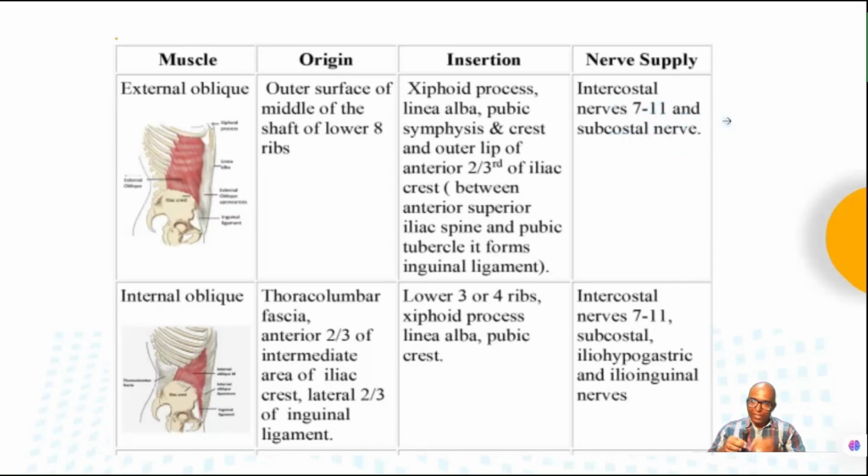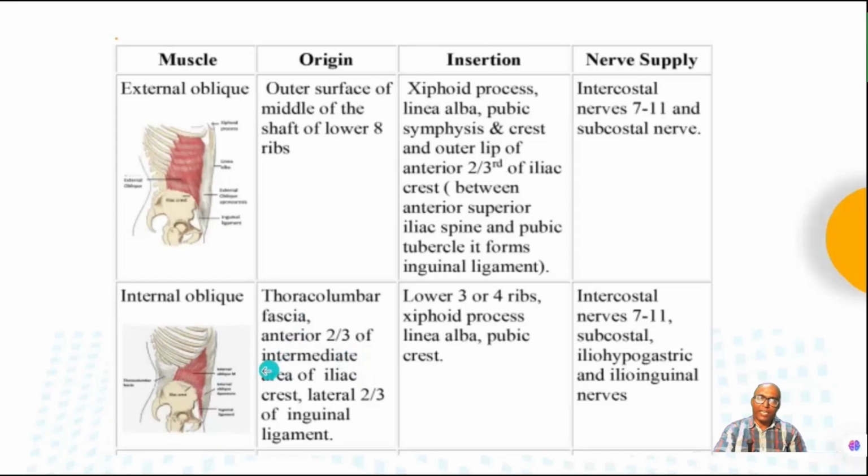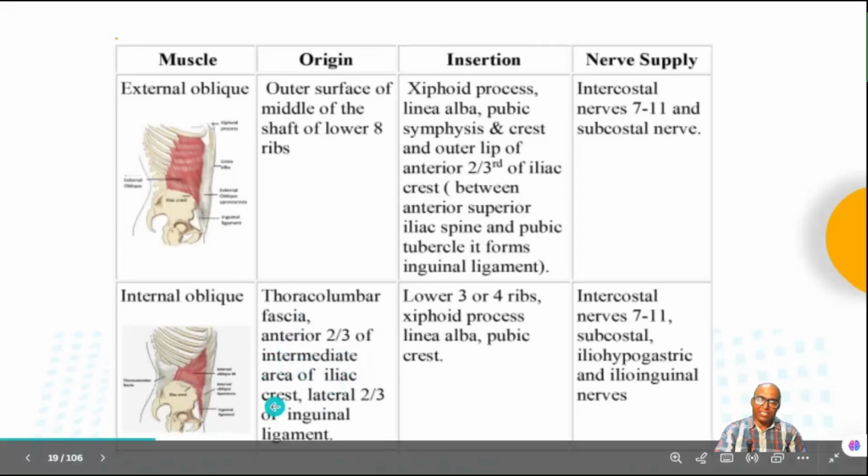Then coming to the internal oblique. Now this internal oblique is going above downwards. The origin is from the thoracolumbar fascia, the intermediate area of the anterior two-thirds of the iliac crest, and the lateral two-thirds of the inguinal ligament. As I mentioned, the iliac crest has three parts: the outer part, middle part, and inner part.